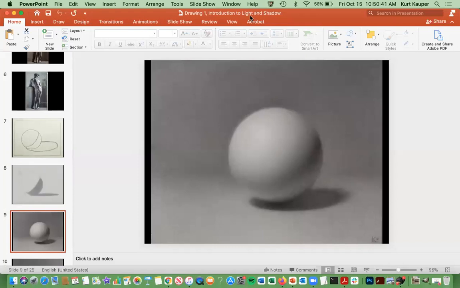Okay, so new share. Okay, so for the drawing this week, I've ripped the paper in half.